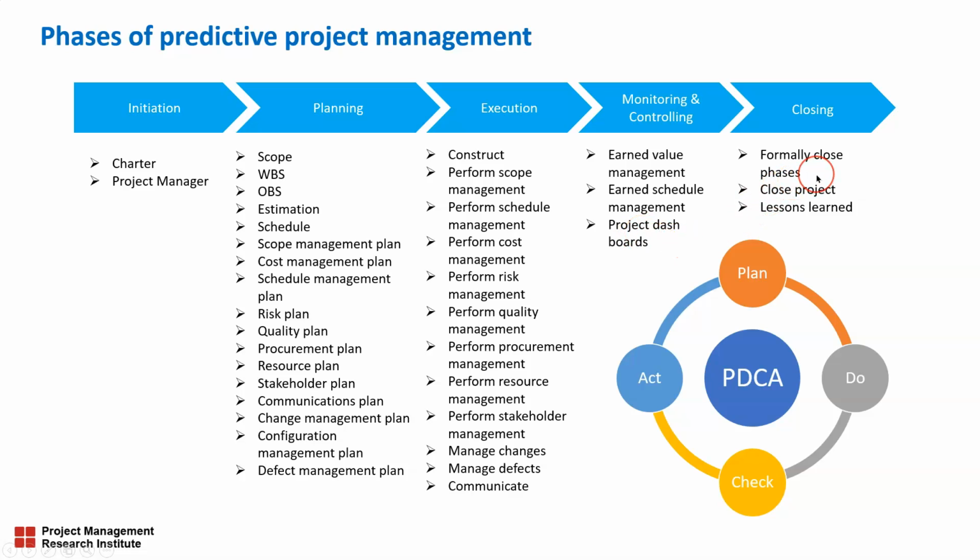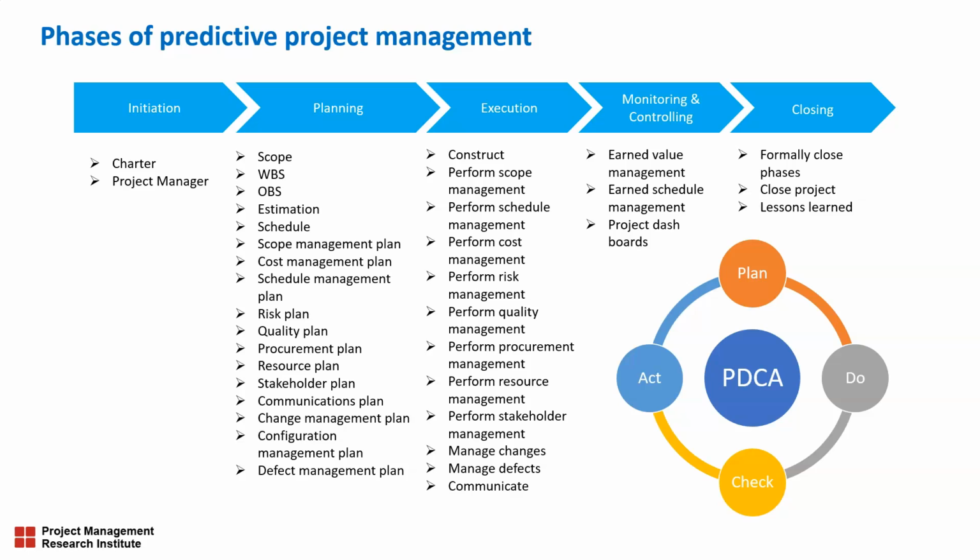Then at the end of every phase of a project, we close it formally. That means scope definition phase, once it is completed, there is a formal closure and handing over the approved scope to the design team. And that is applicable at the end of the project as well.